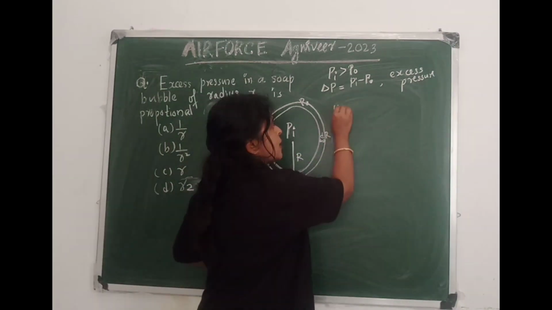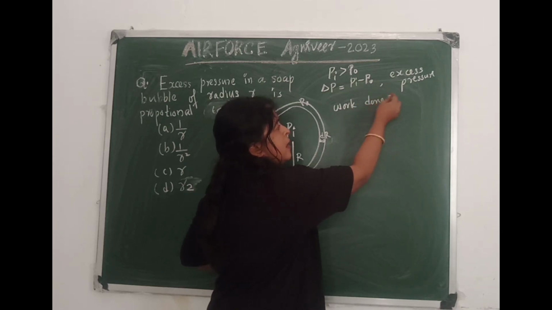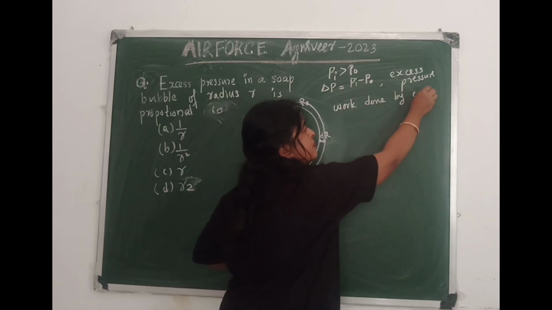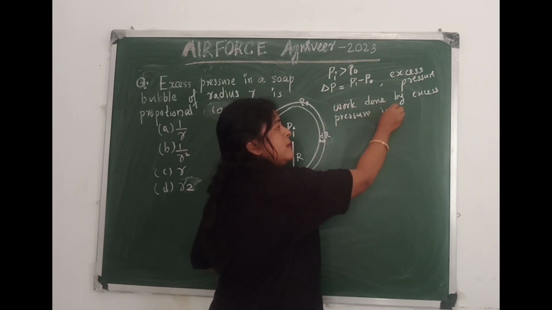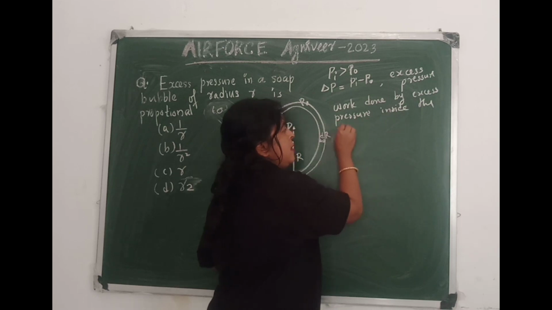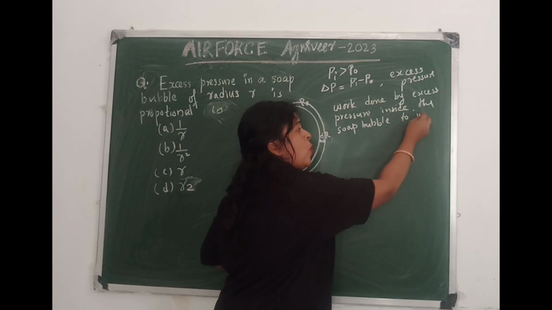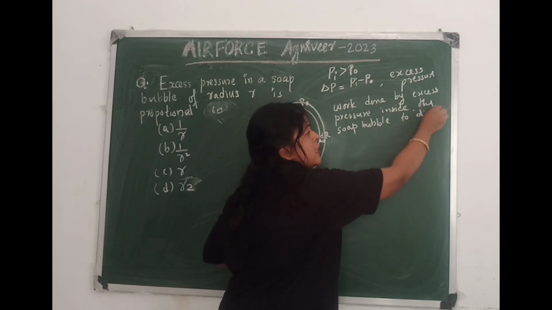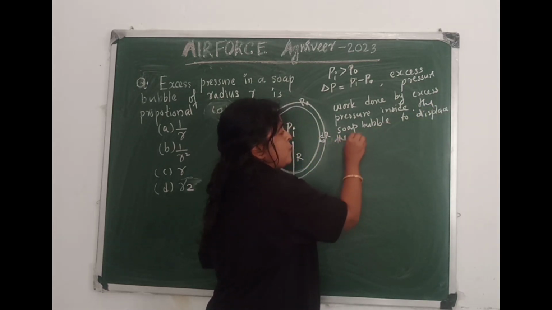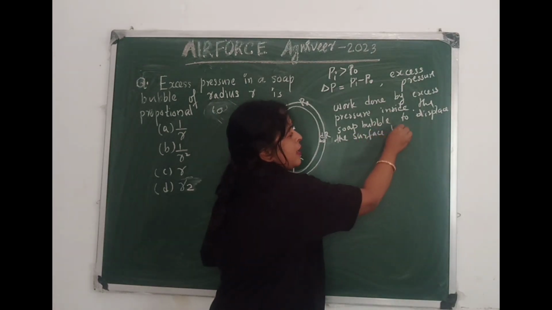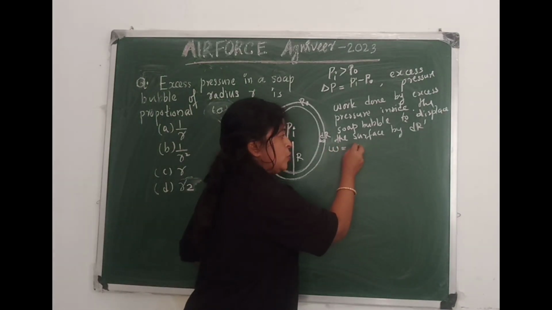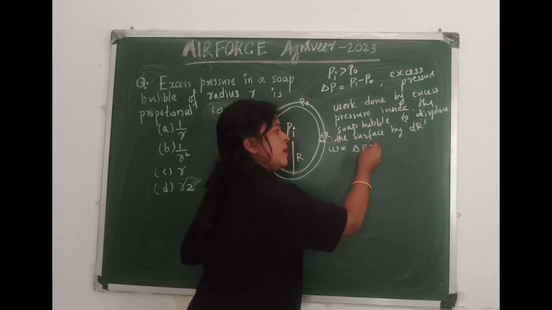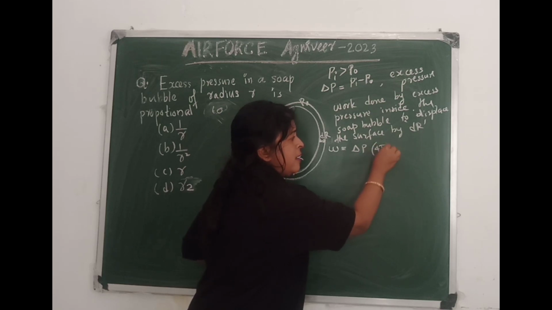Then the work done by the excess pressure inside the soap bubble to displace the surface by dr is W, and W is equal to the excess pressure into the surface area.